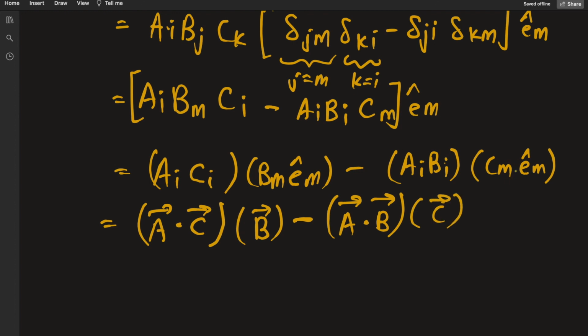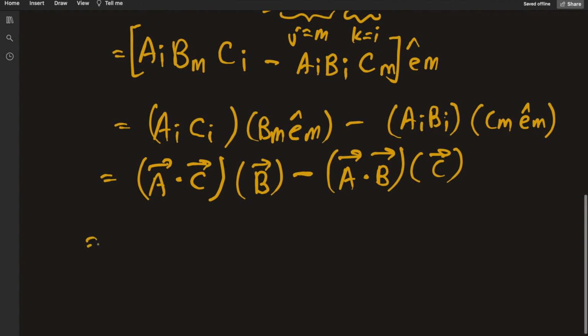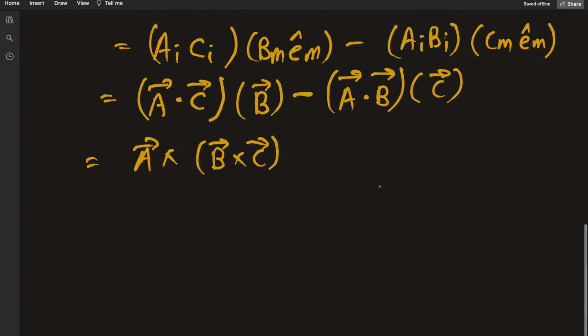We would have had a c sub k, e sub k, but we would need to have a b sub k, e sub k here because there's a subtraction going on, and this is precisely what a cross b cross c is: a dot c multiplied with b, minus a dot b multiplied with c. Look, we've proved this, which would have otherwise been pretty hard to prove.